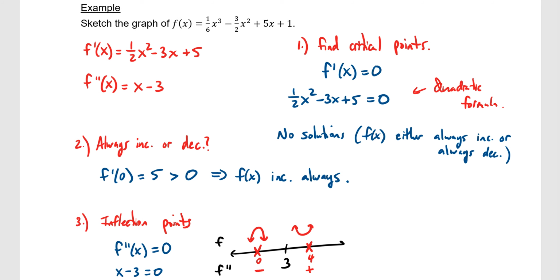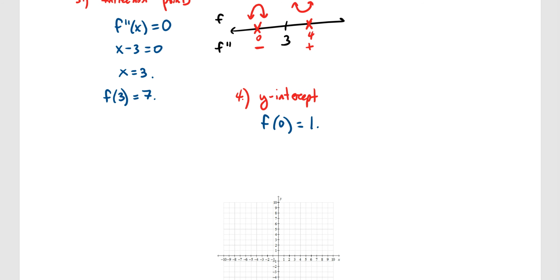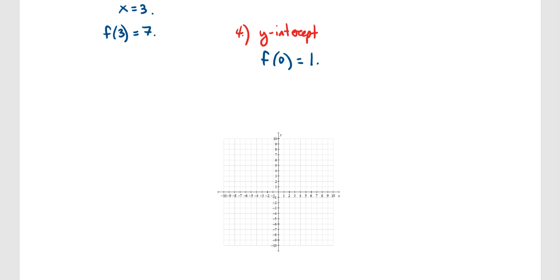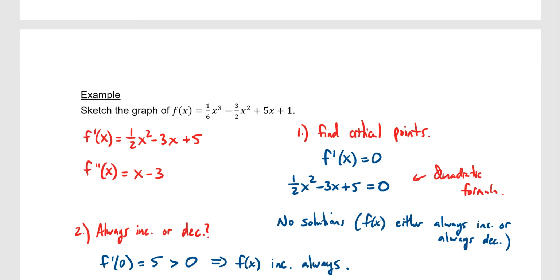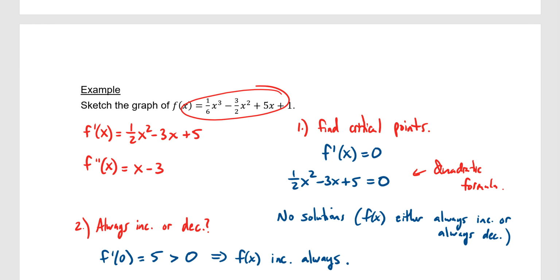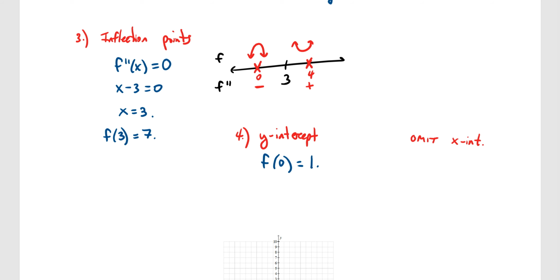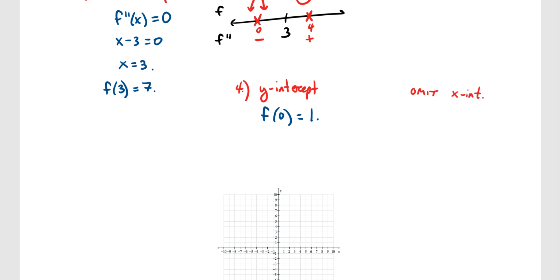So that gives us f of 0 equals 1. And we are going to omit the x-intercepts, because we would have to set the cubic equal to 0, and that would be very messy. So we're just going to omit it for this one and just trust that we have enough information.